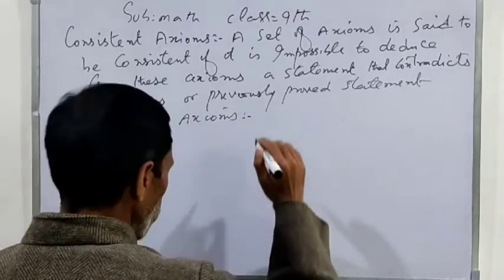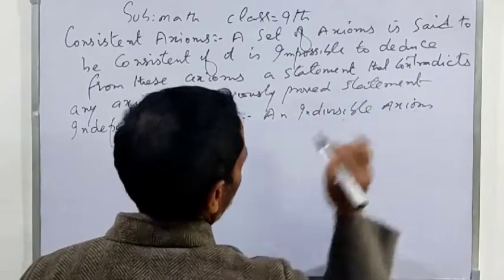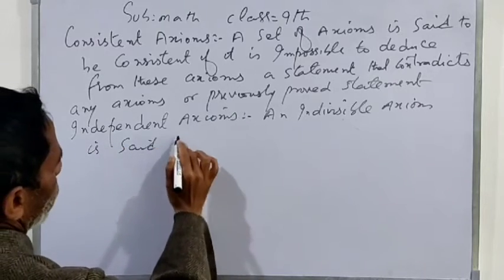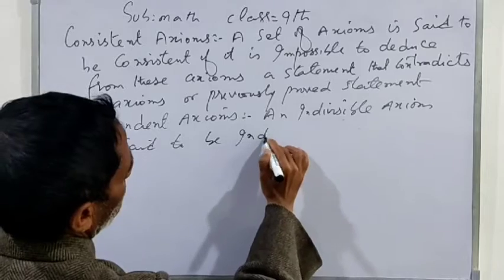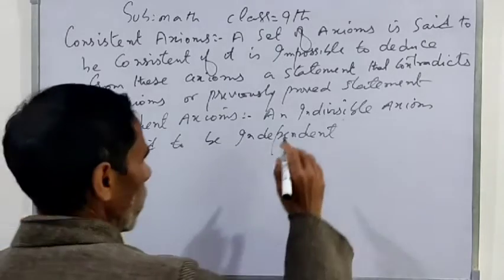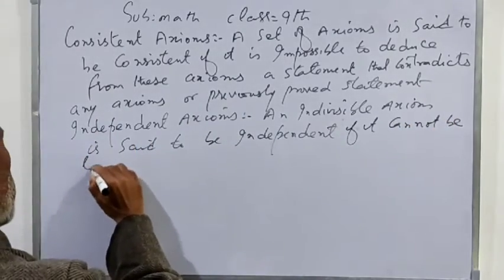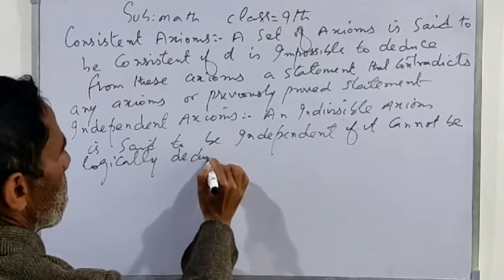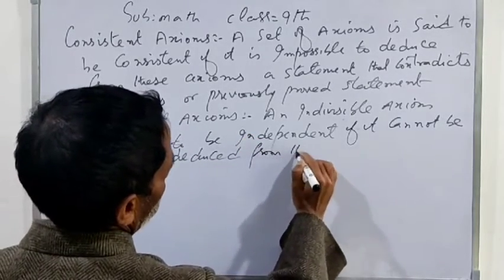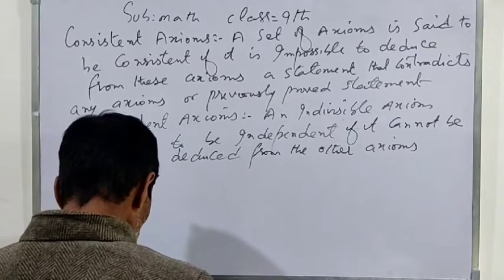An axiom is said to be independent if it cannot be logically deduced from the other axioms or statements in the system.